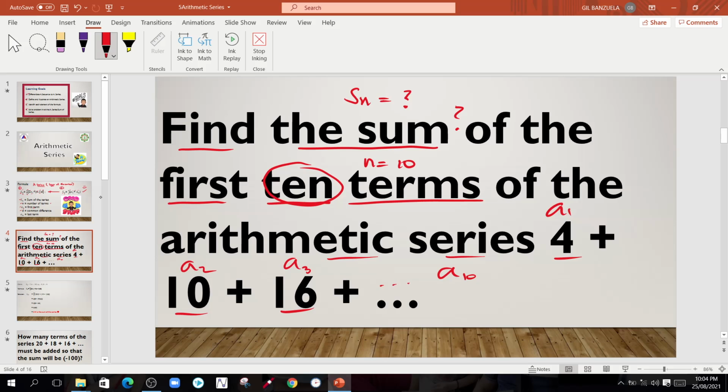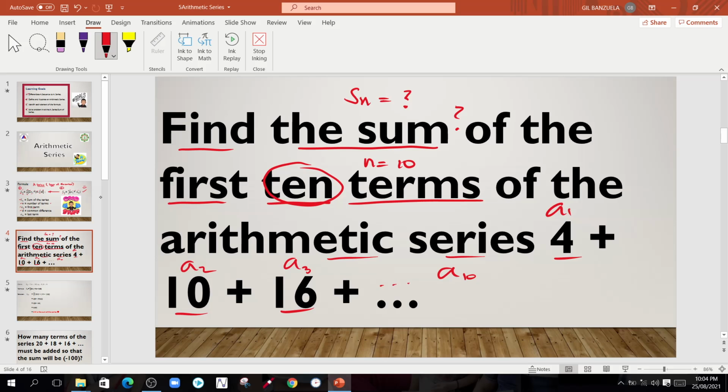Kung hahanapin natin yung 10th term, guys, babalik tayo sa arithmetic sequence. Alright, so that's basically the difference between arithmetic series and arithmetic sequence. Sa arithmetic sequence, kung maaalala natin, nag-focus tayo sa pagkuha ng last term. Ano ba yung last term? Ano ba yung first term doon sa sequence? Ilang number of terms ba meron tayo? And ano ba yung common difference?